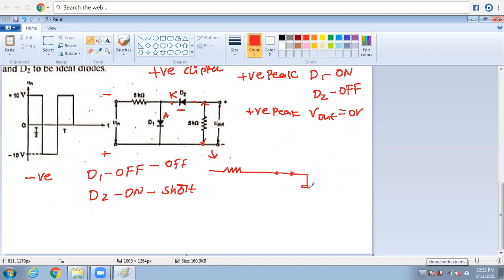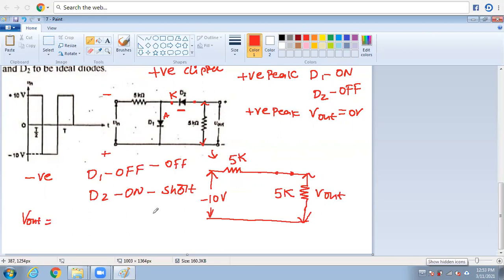Again I will take this resistor. This is the input voltage, that is minus 10 volts. This is the output V out, and the resistance is 5 kilo ohms. This is also the input resistance, 5 kilo ohms. Now we can write a very well-known formula.